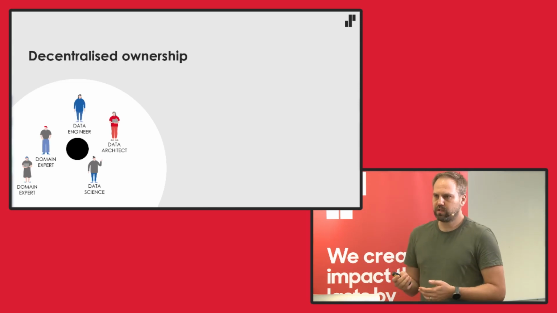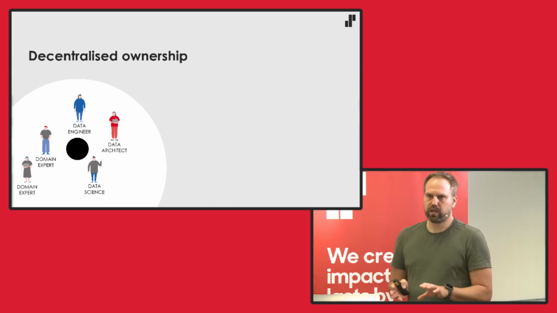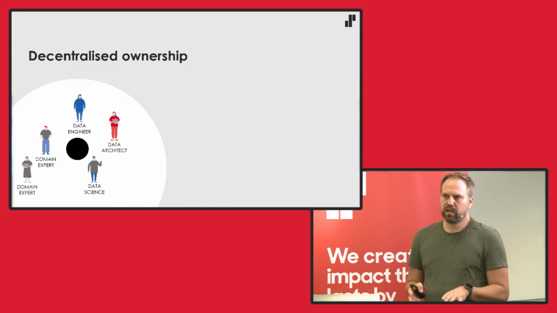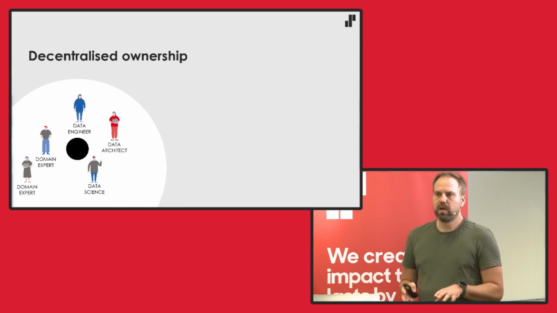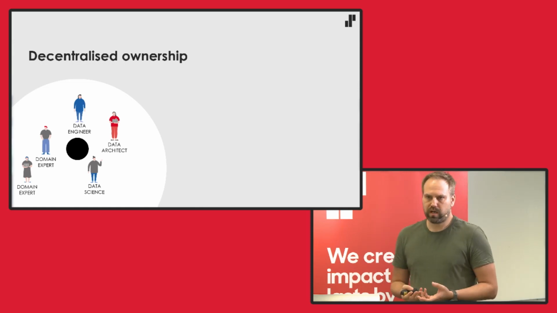And what we have noticed is that when we start moving into this direction, it takes teams around a year, some even a year and a half, to just work with the data that they have. So they want to do analytics on the data that they're operating on.